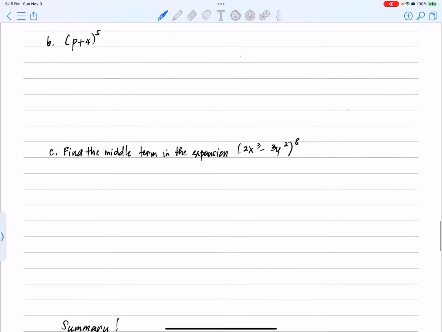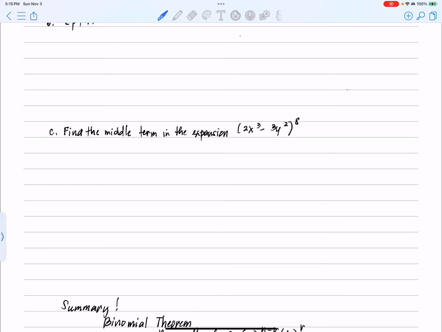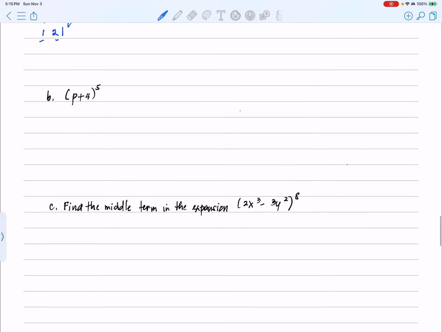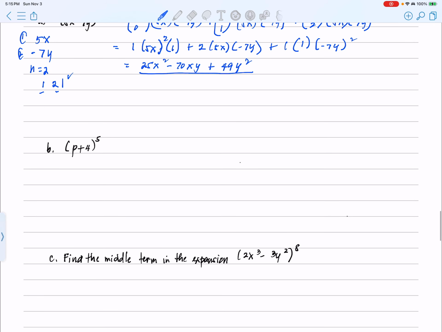Find the middle term. Okay. Find the middle term of the expansion. We have p plus 4 to the fifth power.